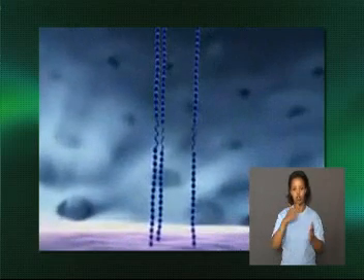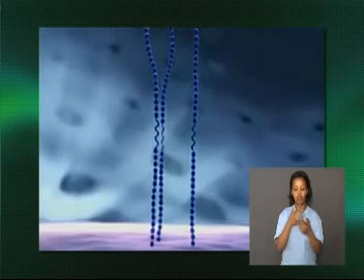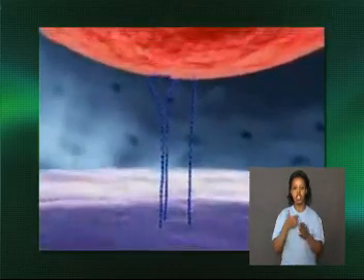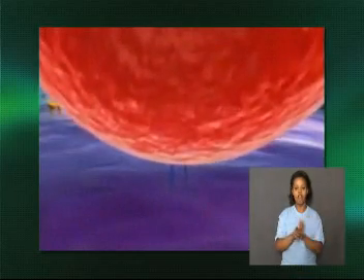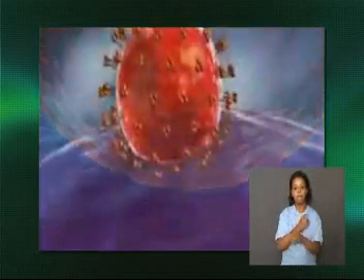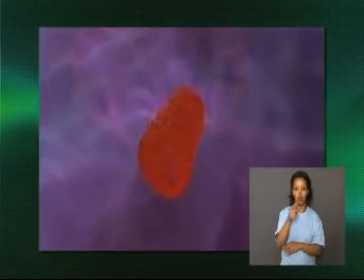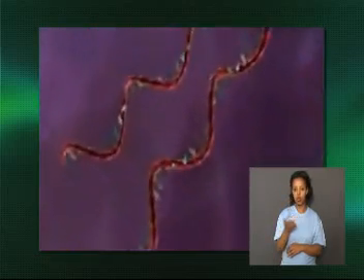Attachment is a specific binding process between proteins on the surface of the virus and proteins on the surface of the T helper cell. After attachment is complete, viral penetration occurs. Penetration allows the RNA and the reverse transcriptase of the virus to be injected directly into the host cell's cytoplasm.